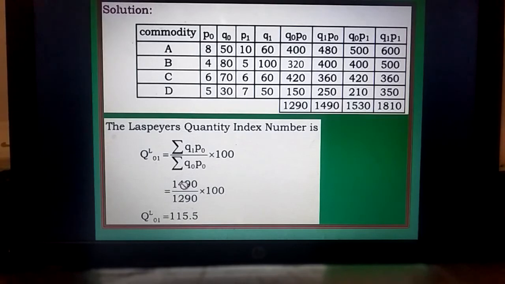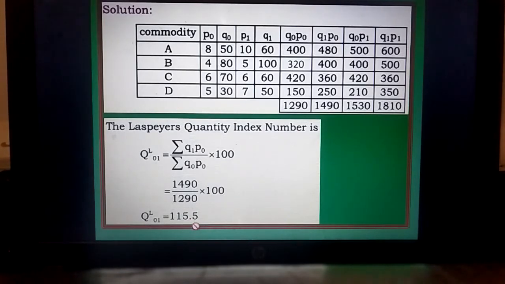That is to be substituted in the numerator, and in the denominator Q0 P0 we want. So Q0 P0 to be calculated. Q0 is 50, P0 is 8. 50 multiplied by 8 is 400. In the similar way, 80 multiplied by 4 is 320. So completely the whole column has to be calculated. That sum will be 1290. That has to be substituted in the denominator, multiplied by 100. This calculation we will get 115.5.